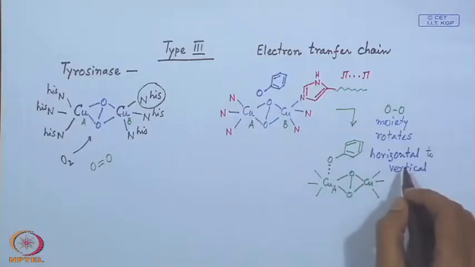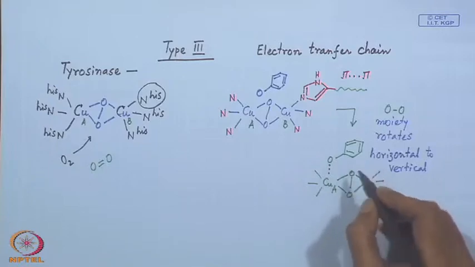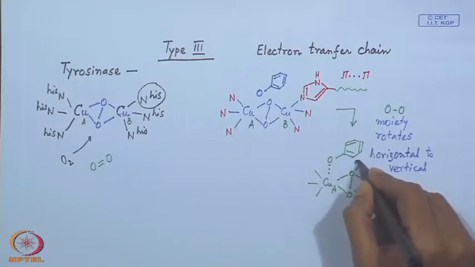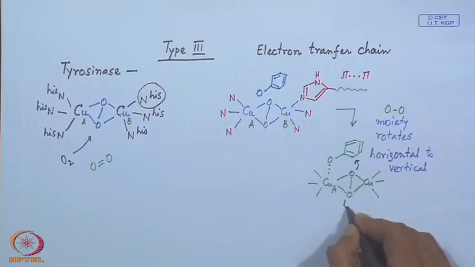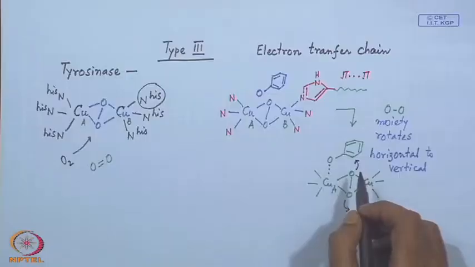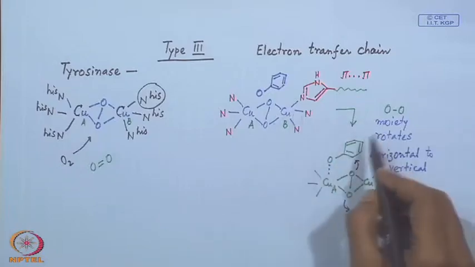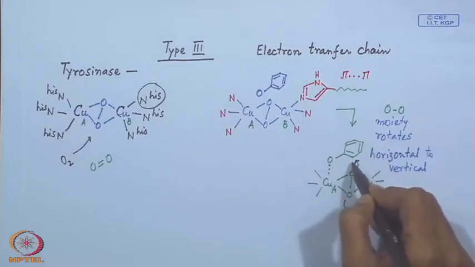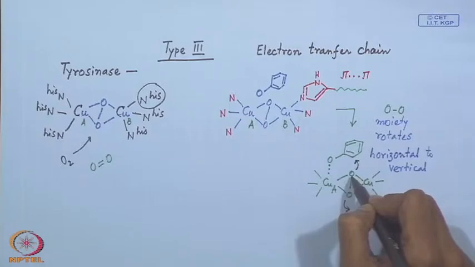So some orientation is taking place, and sometimes we put 2 arrows for that. There will be a reorganization of the dioxygen molecule which is still bound to the copper center, and it so happens that your phenyl ring, that means this part, is coming close to this oxygen.